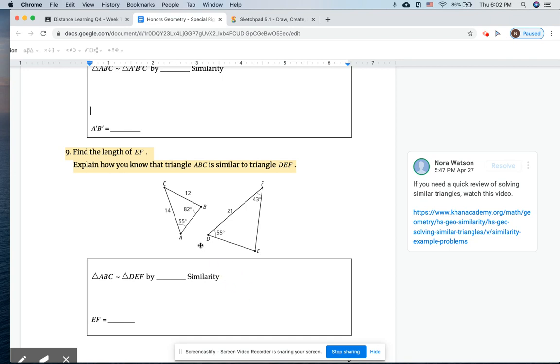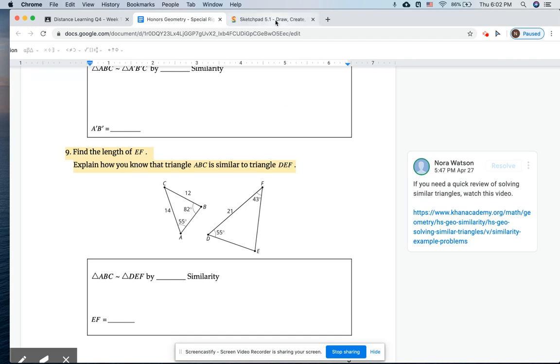So you know that AC and DF are corresponding, and you know that BC and EF are corresponding, and you're trying to find EF. So you could say 14 over 21 equals 12 over X. Solve for X, and that's going to give you EF.